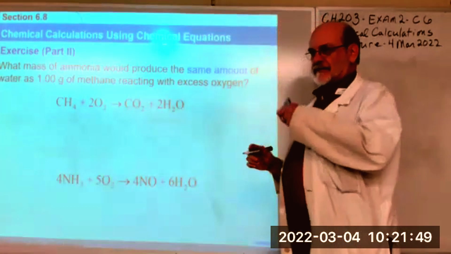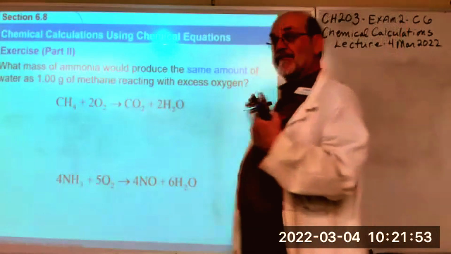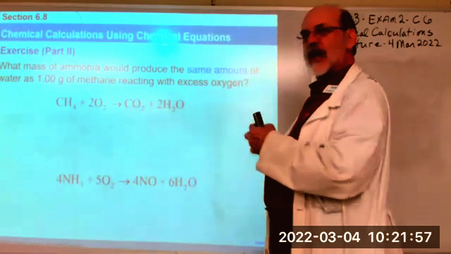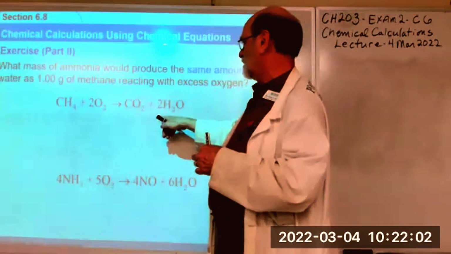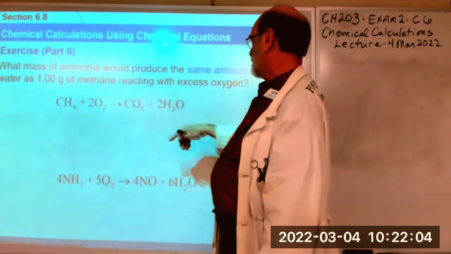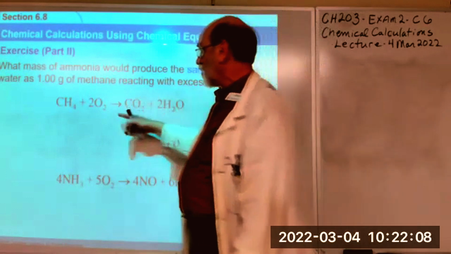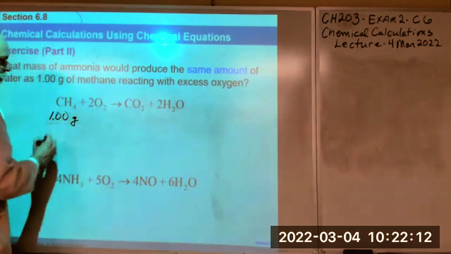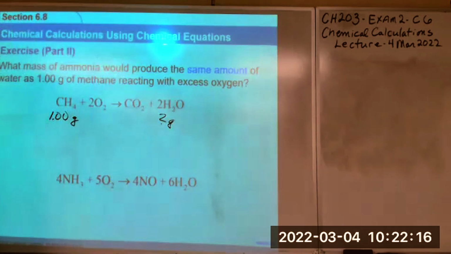So let's back up and look at it, read it backwards. Well, not literally, but logically backwards. 1 gram of methane produces how much water? Because we want the same amount of water here as here. So 1 gram of methane produces how many grams of water?